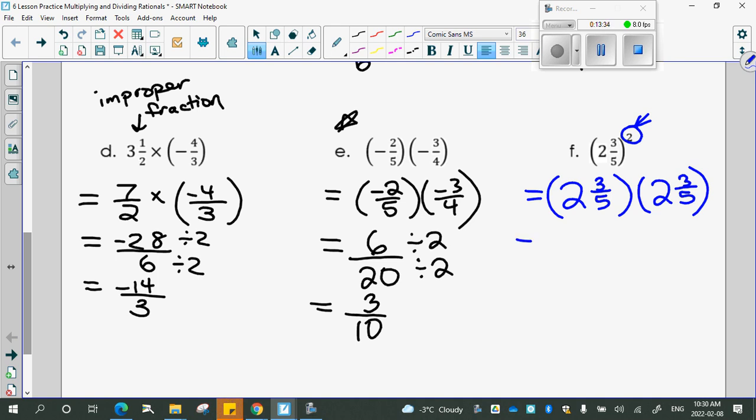Braden? Do you know how to change 2 3/5 to an improper fraction? 2 3/5. Times the 5. Yep, so 13/5, awesome. And then that's the same, so it's going to be 13/5 again.